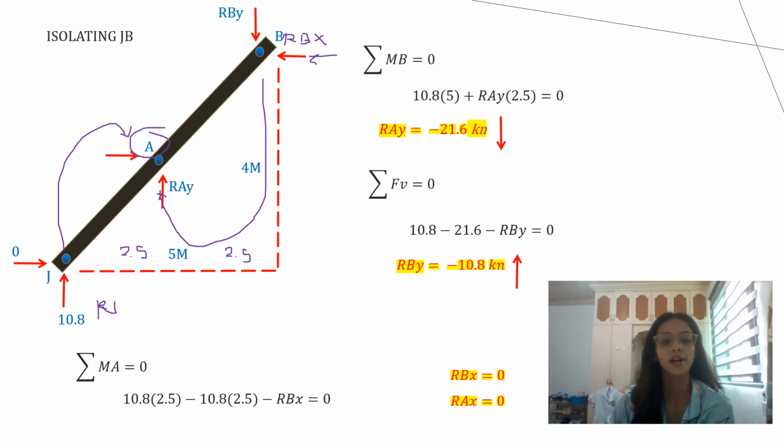So our RBX is equal to 0. So since RBX is 0, also the RAX.